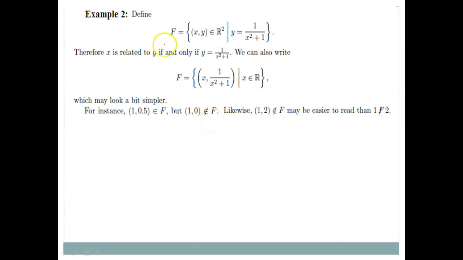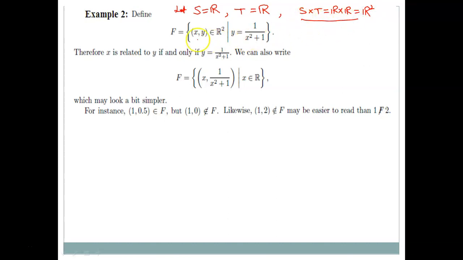Suppose you define the relation F consisting of the ordered pairs from R cross R. So in this case, what is happening? Basically, if I write it in the form as I have discussed in the first example, here S will be considered as R, the set of real numbers, and T is also considered as R. Then S cross T means R cross R, and this R cross R can be written as R square.